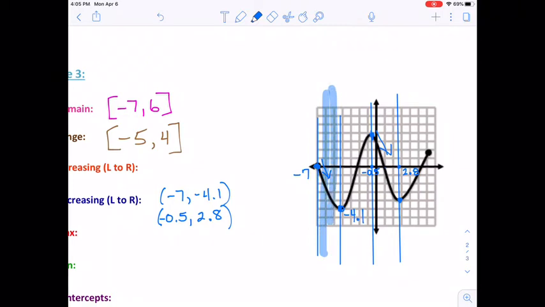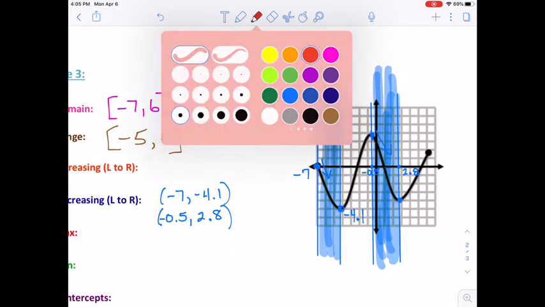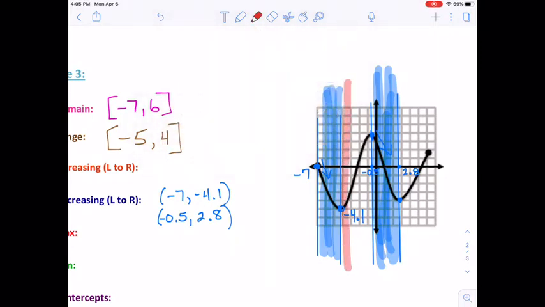So that is this section and this section going downhill. But notice the other two sections are going uphill. In here and here, the graph is increasing. If you're walking on it, you're going uphill on those sections.